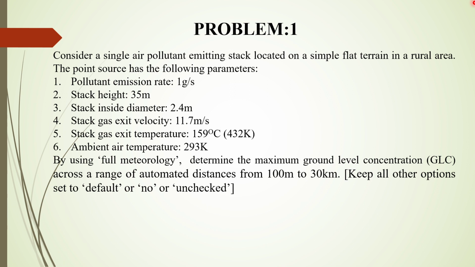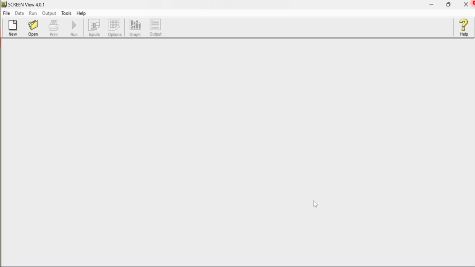So the terrain is simple, elevation is flat, dispersion coefficient is rural, and flagpole receptor is at 0 meter because we have to identify the maximum ground level concentration, and full meteorology is used for simple terrain, and minimum automated distance is 100 meter and maximum is 3000 meter.